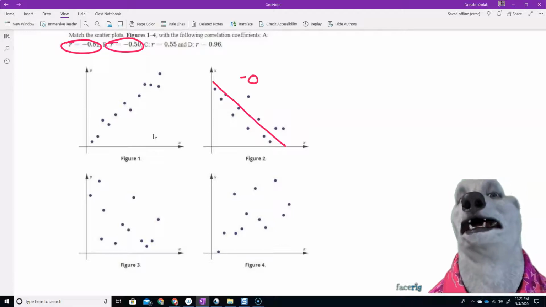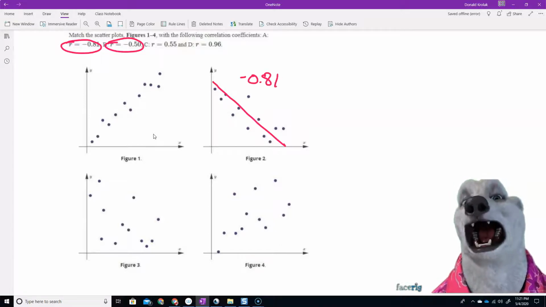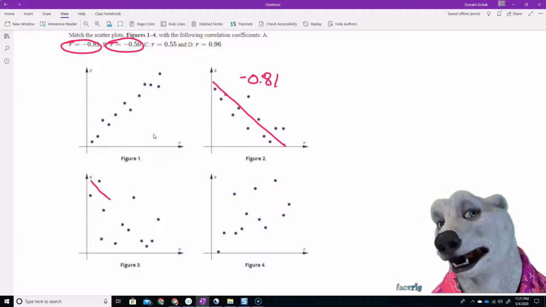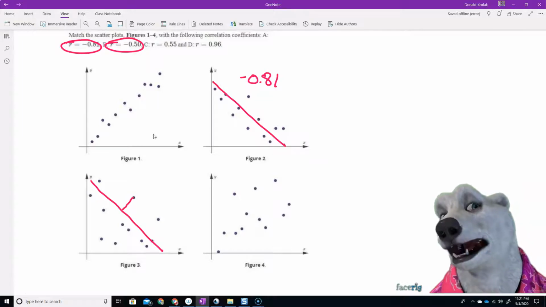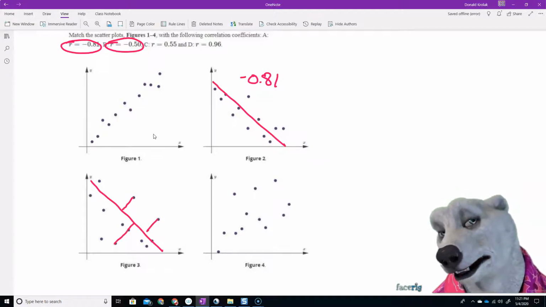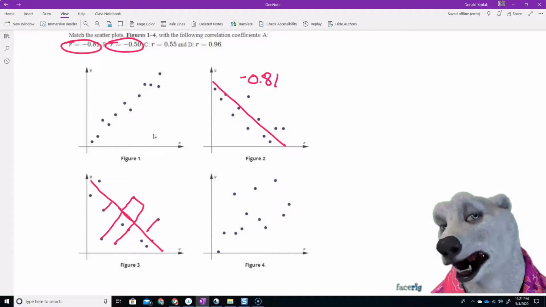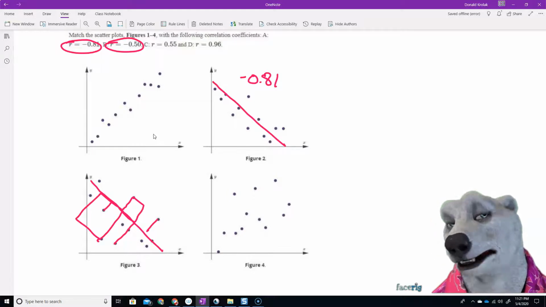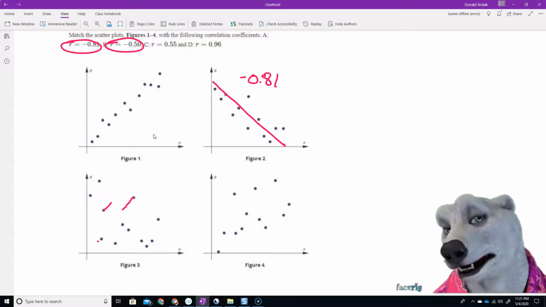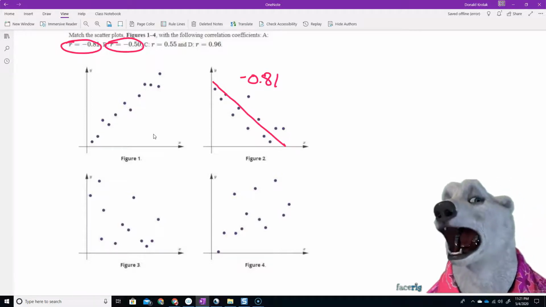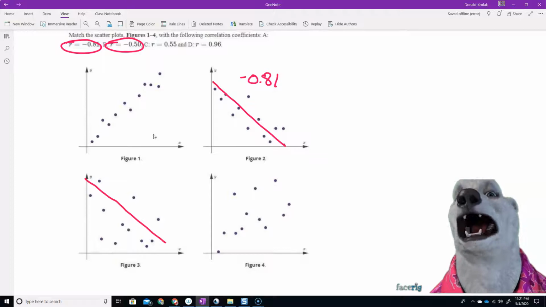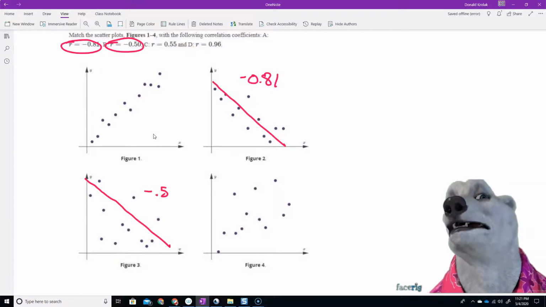So I think a good guess would be this would be negative 0.8. This is negative, but it's not as tight. The distances that these points are from this line are going to be bigger, so that when we square them, we're going to get a larger area. Remember that least squares regression demonstration I did earlier. So I'd say that this one here is your negative 0.5.